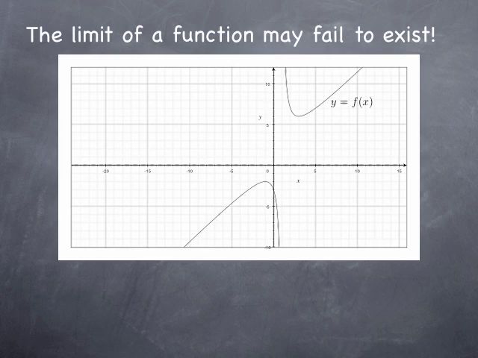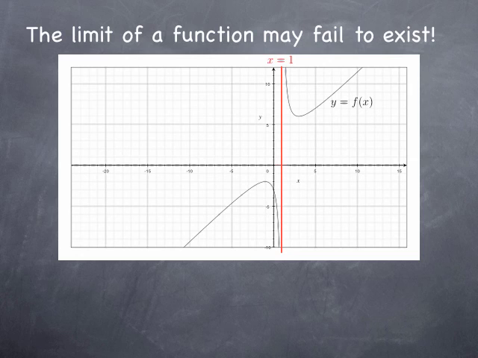The first observation, once we have this definition, is that the limit of a function at a certain value may or may not exist. Consider for instance this function, and let's say we are looking for the limit of this function f when x is approaching 1. Well, you see that near the line x equal 1, the value becomes either very large or very negative large.